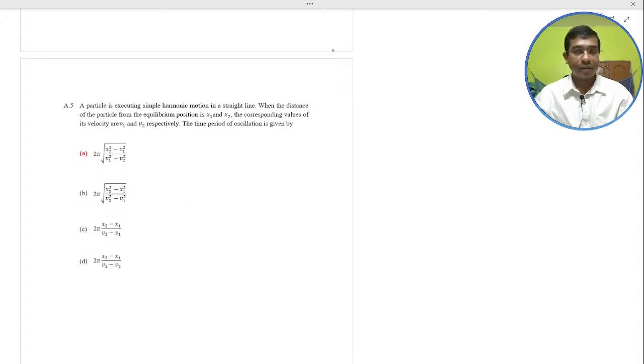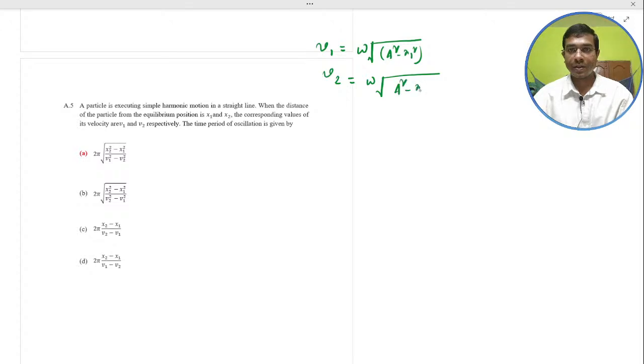The speed v1 is omega square root of a square minus x1 square. So v2 would become omega square root of a square minus x2 square.